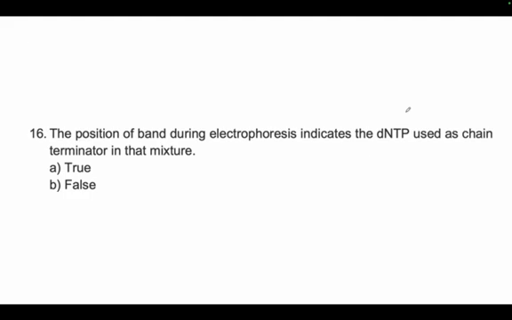Now, the position of the band does indicate the chain terminator that is used, but the dNTP does not act as a chain terminator. Remember, the chain terminator is a dideoxy nucleotide triphosphate or a ddNTP. So the dNTP has no role in chain termination. This is false.